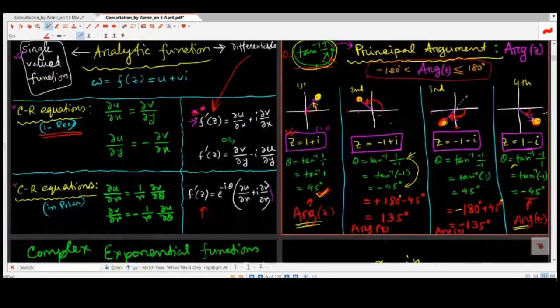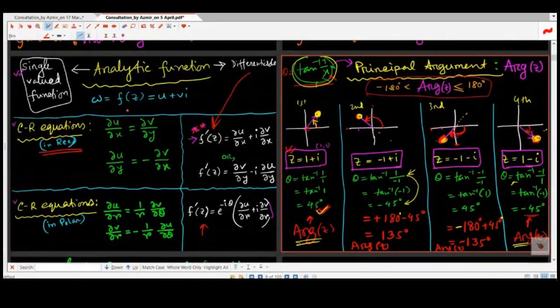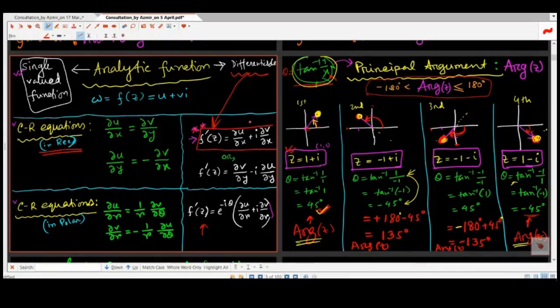from this formula. If a function is analytic, we can say the function is satisfying the Cauchy-Riemann equations. That means the function is analytic and therefore the function is differentiable. So for the differentiable criteria, we have this formula.